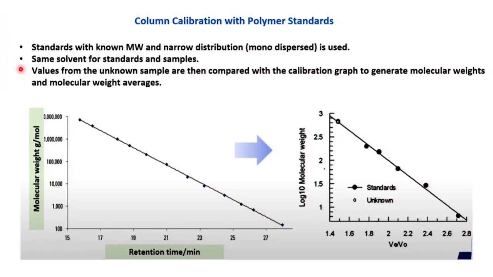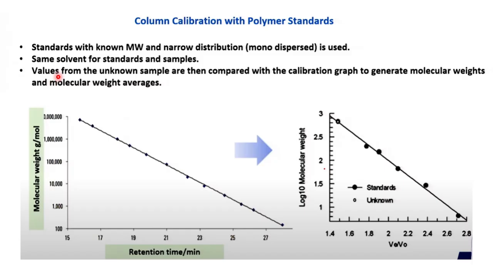The column calibration with polymer standards is very important. A standard with known molecular weight and narrow distribution is used. Whenever you are using GPC, for a specific instrument and a specific solvent, there must be a standard. That standard must have a very narrow molecular weight distribution or a very precise molecular weight.